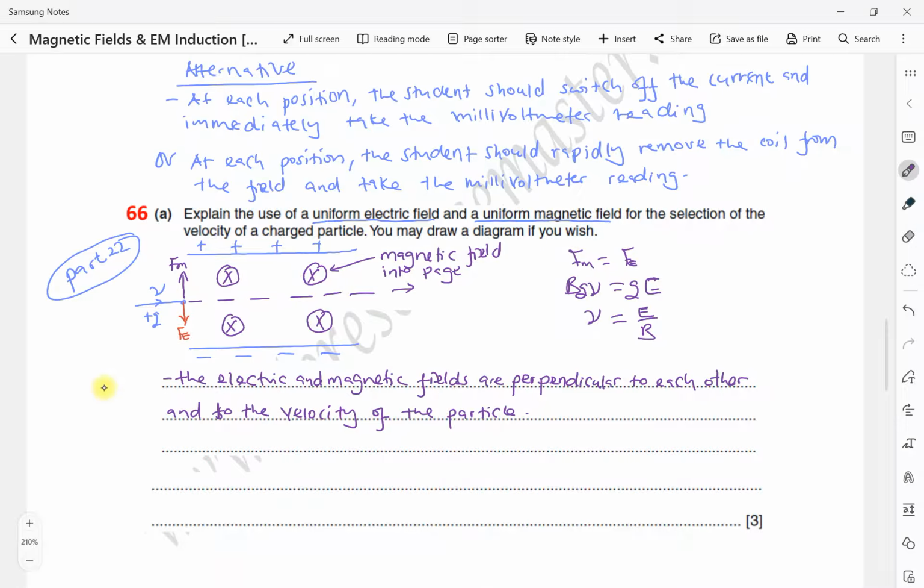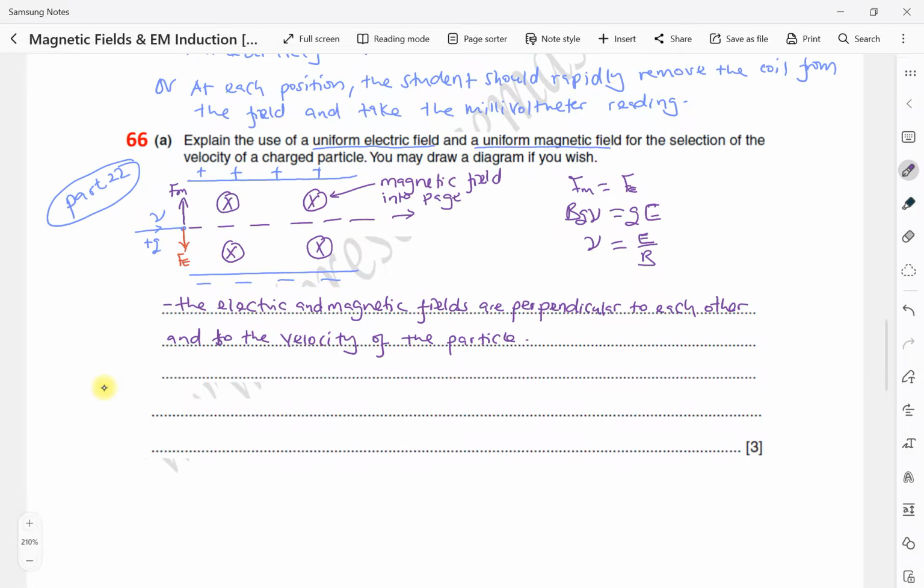So you notice the electric field is downwards, the velocity of the particle is to the right, and the magnetic field is into the page. The fields are such that the electric and magnetic forces on the particle act in opposite directions.